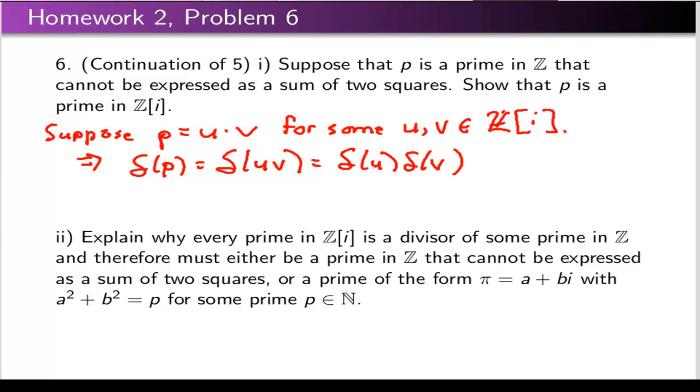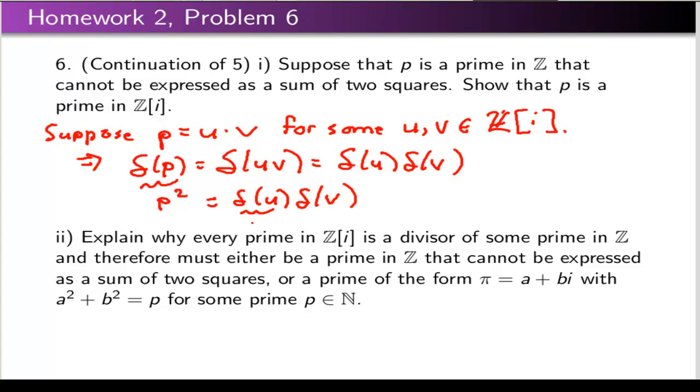And we get delta of p is delta u times delta v. The delta function applied to p is what? p squared. Okay, and again, this is all natural numbers.